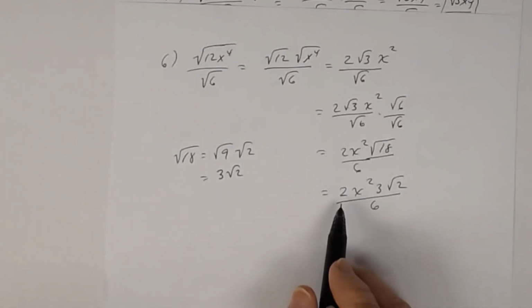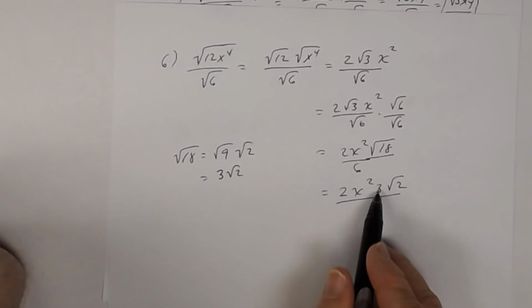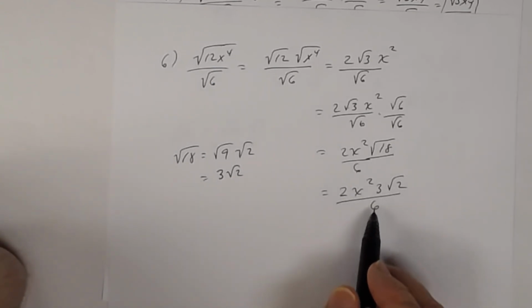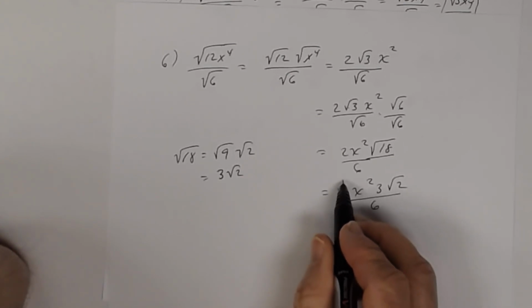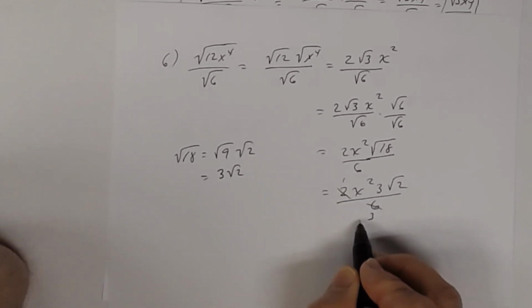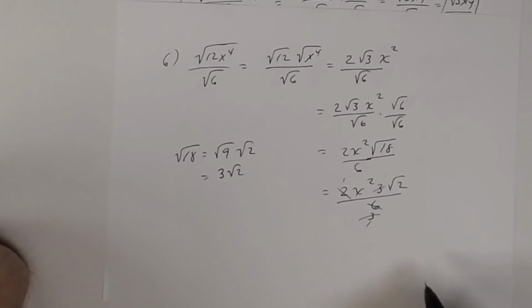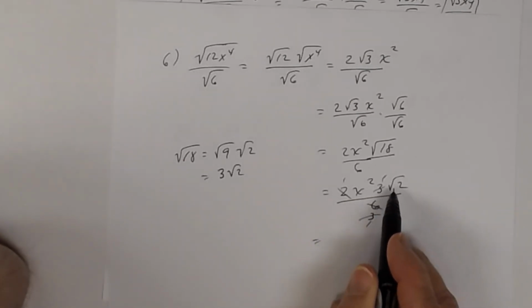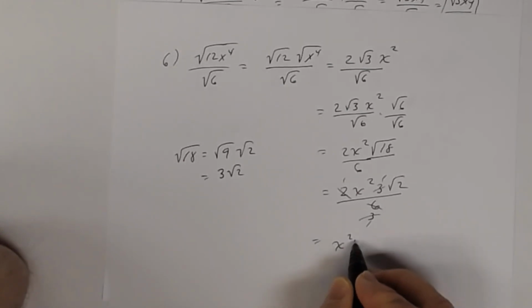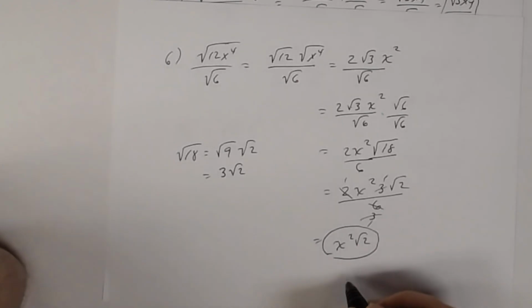Now I want you to notice something. If you reduce, 2 times 3 is 6, and then that 6 divides into the other 6. Some of you could have done this: 2 into 2 is 1, 2 into 6 is 3, 3 into 3 is 1. So you get 1 times x squared times 1 times square root of 2. So you get x squared square root of 2 divided by 1, which is just this.